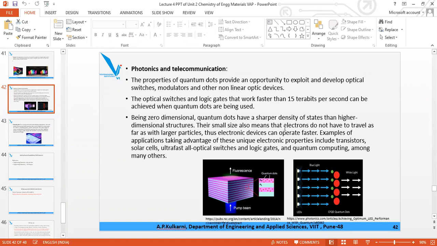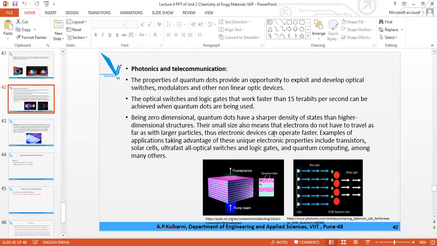Their small size also means that electrons do not have to travel as far as in a larger particle. Quantum dots are like a full stop, very small. So if they have to transport an electron from one place to another, due to small size they are closely attached, and therefore they do not have to travel more for the transfer of electrons as compared to the larger particle.